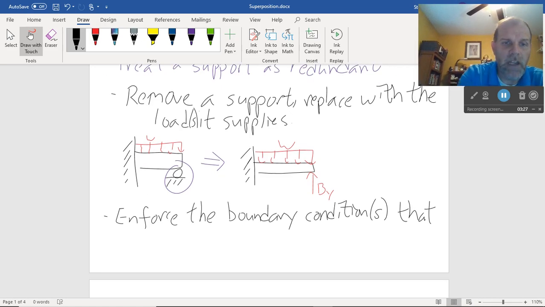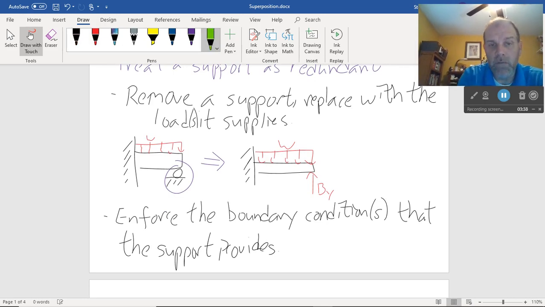The boundary conditions that the support provides. Okay, so in this case, it's a roller. It has a force only. Forces counteract displacements or deflections. So therefore, we have to enforce artificially that VB equals 0.